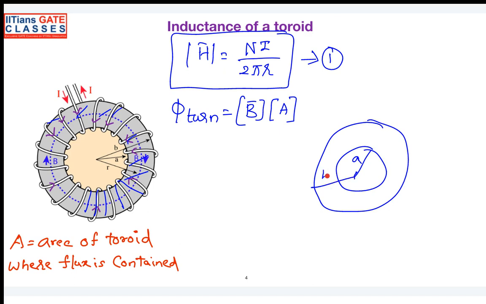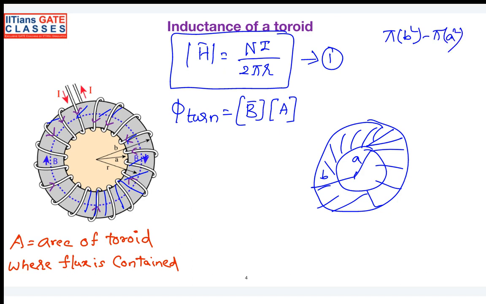What is the area of this shaded portion? Pi b square minus pi a square. Very good. That will be the total outer circle area minus the inner circle area, pi b square minus pi a square.